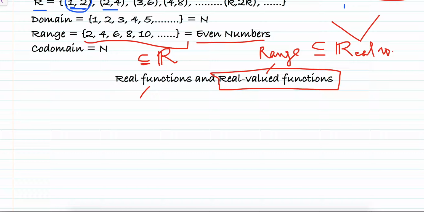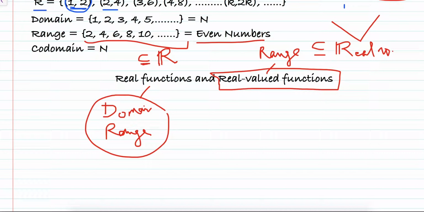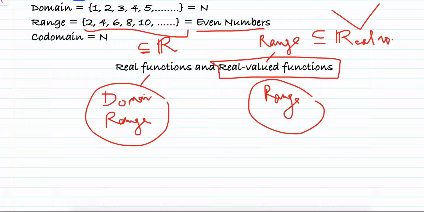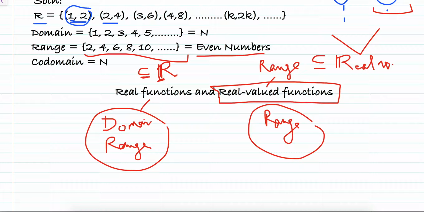So a function which has either R or one of its subsets, where R means real numbers, just like N denotes natural numbers.